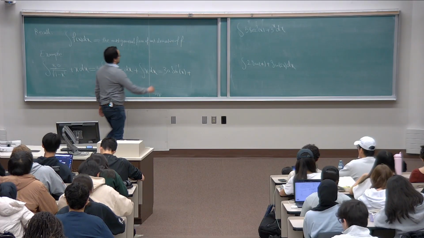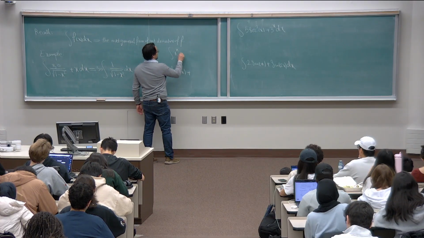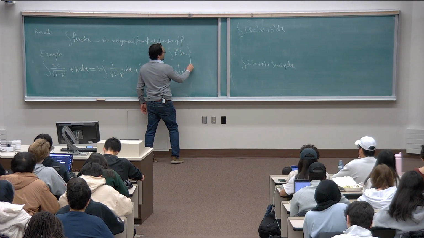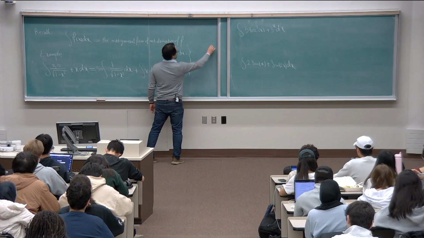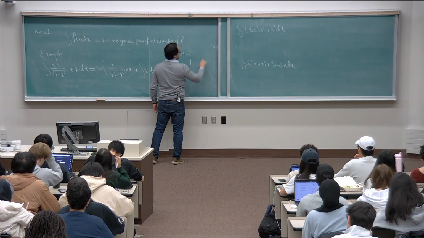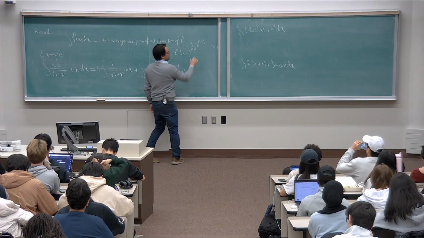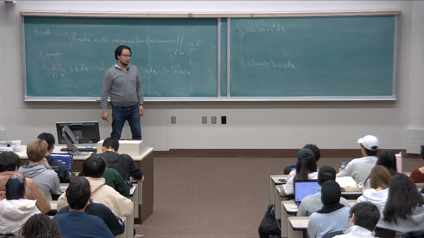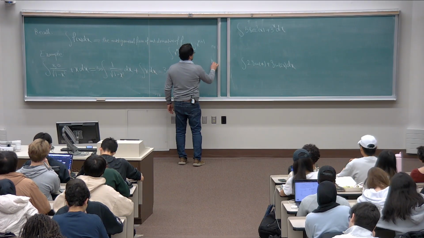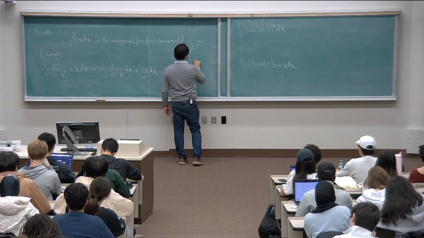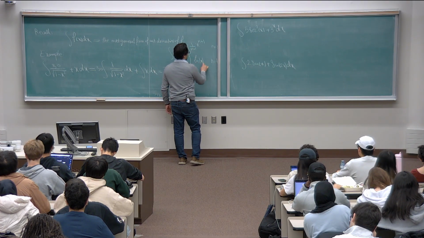The rule was this: if you have x to the power n dx, there are two cases. If n is not negative 1, then you add 1 to the power, and divide the whole thing by n plus 1. If it is negative 1, then it is ln of absolute value of x.